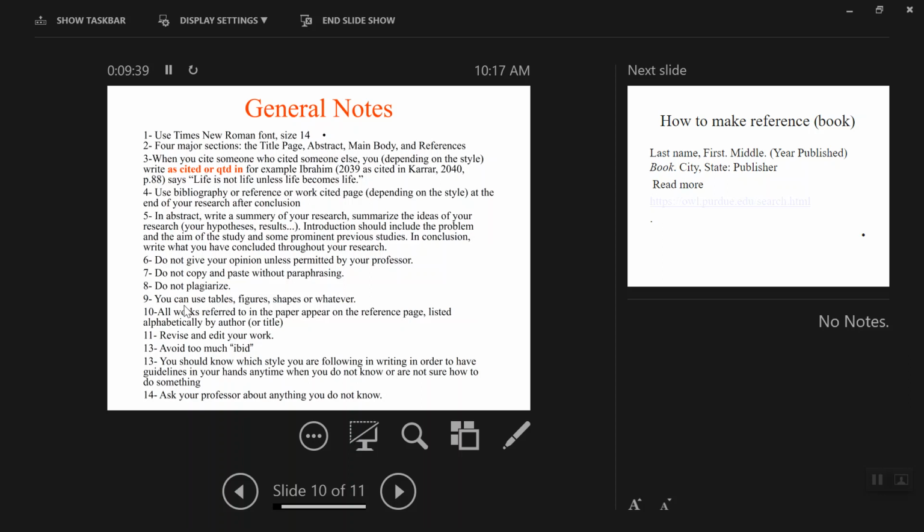Number 9, you can use tables, figures, shapes, whatever. You can use them, no problem. Number 10, everything referred to in the paper should appear on the reference page, listed alphabetically by author or title. Very important.